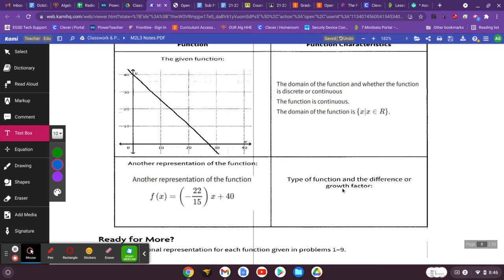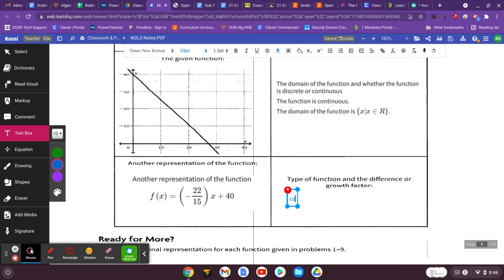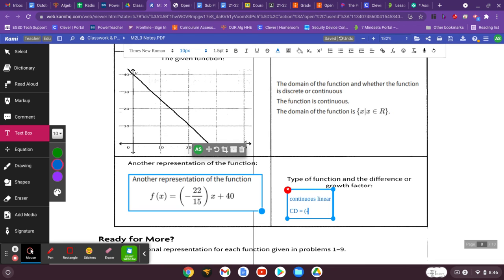And then type of function and growth factor we need to fill in. And for that one, we have continuous linear. And our common difference, we know by looking over here, is the negative 22 divided by 15.